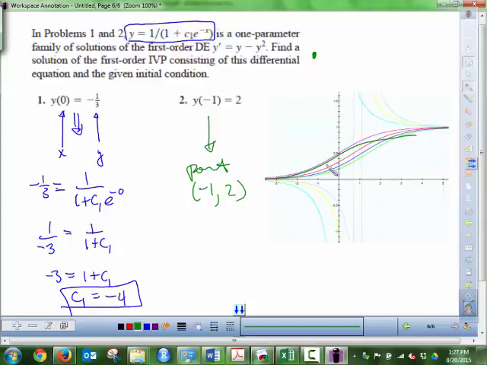These curves over here, when c is bigger than 0, your y is trapped between 0 and 1. And when c is less than 0, it looks like I go down below here, and then I come back up here. So I don't know. This is going to be kind of hard to get. You think we'll get it?